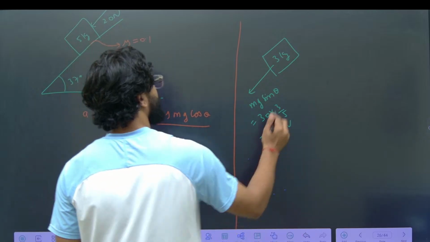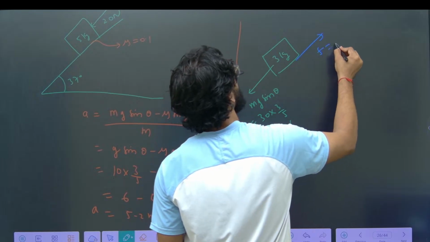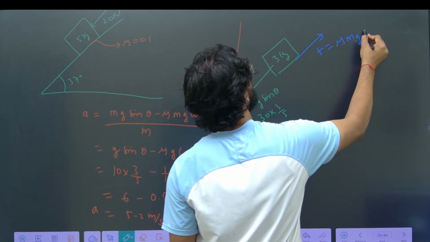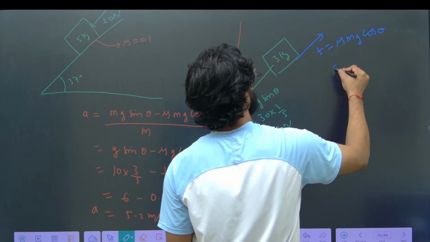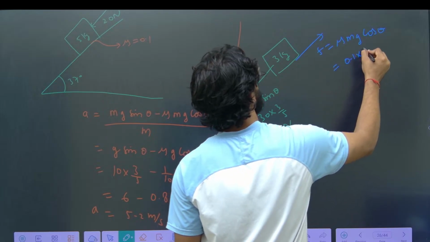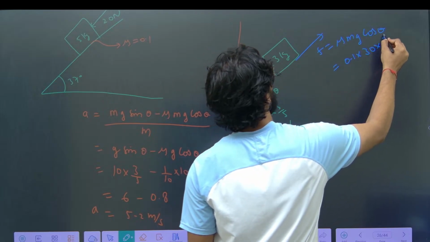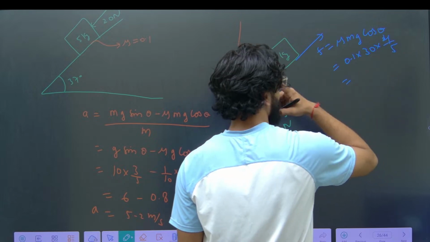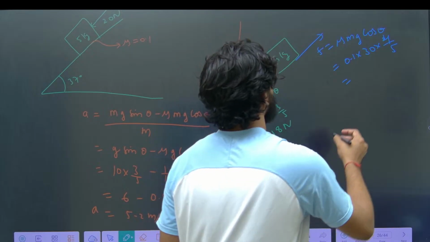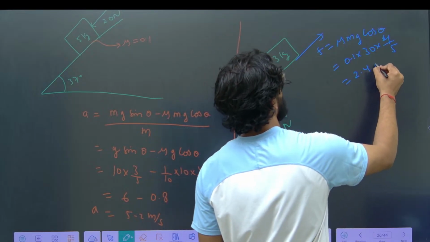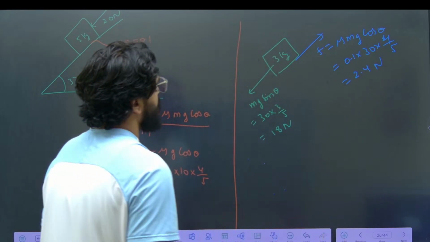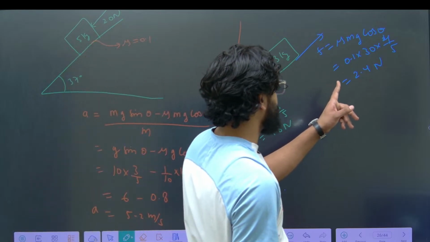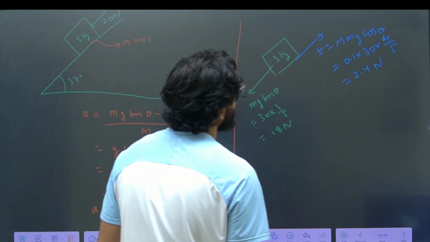Friction over here will be mu mg cos theta, because they are moving together. Mu is 0.1, it is 30 into 4 by 5, so 12 by 5, so it is 2.4 Newton, correct? Yes, that is correct.